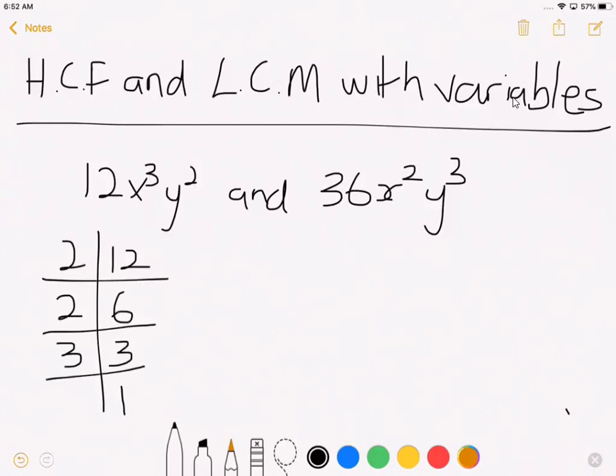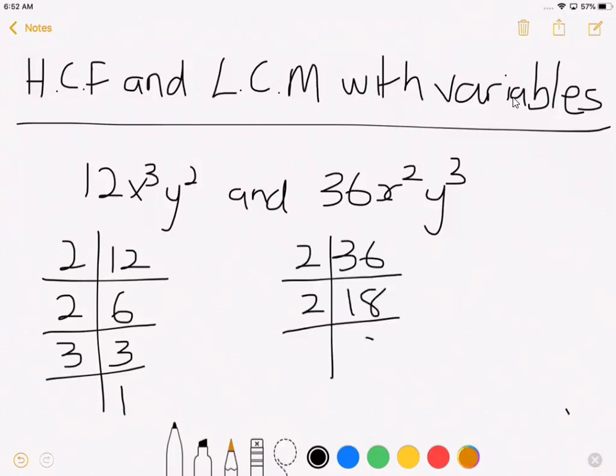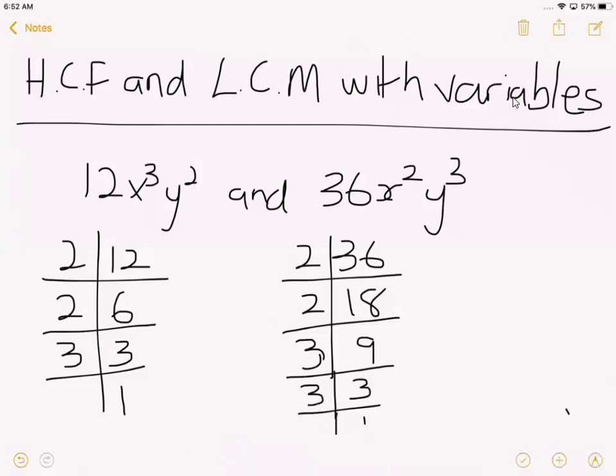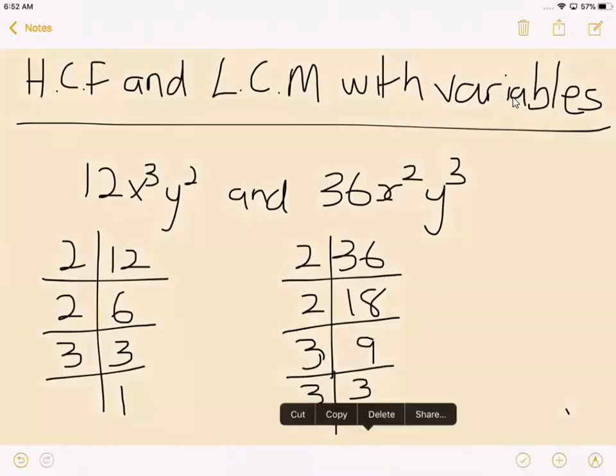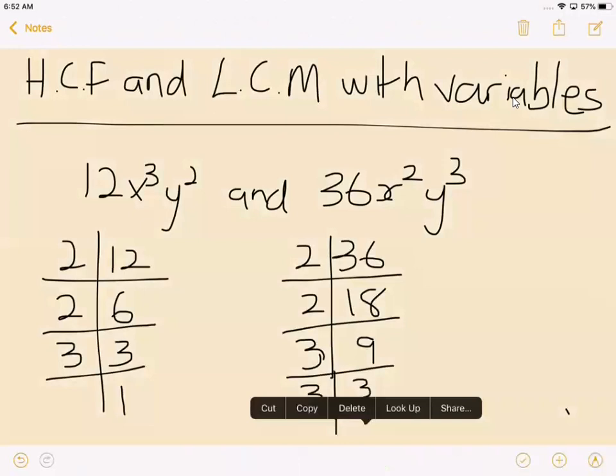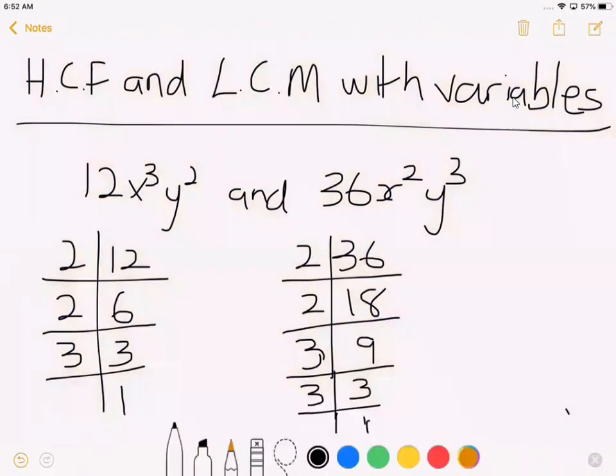And 36 will give you 2, 18, 2, 9, 3, 3, and 3, 1. Now you need to write these numbers as a product of its prime numbers.